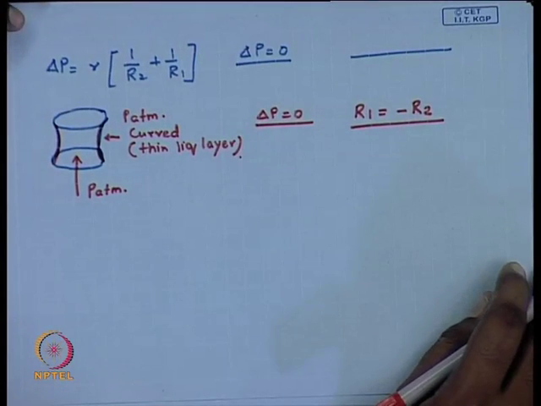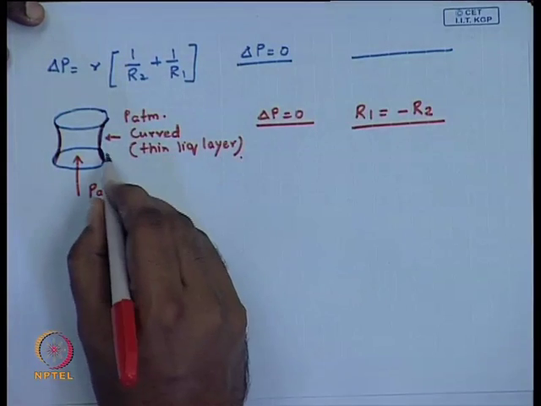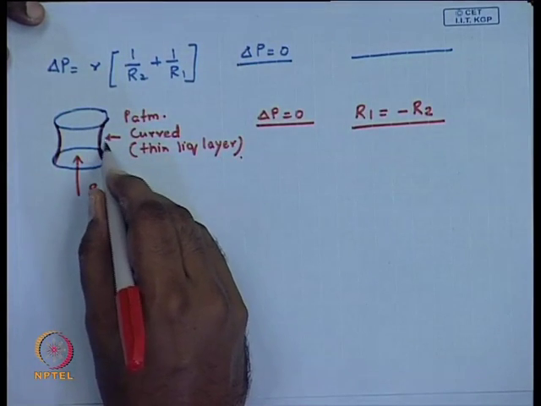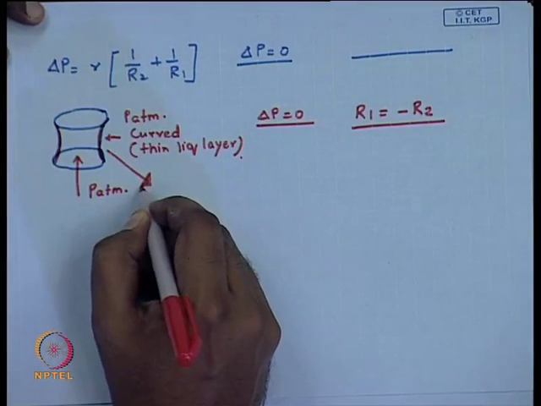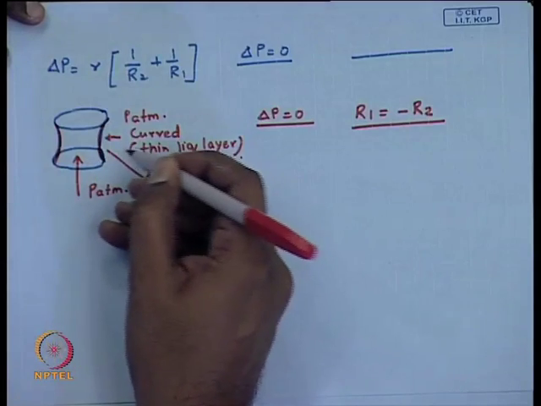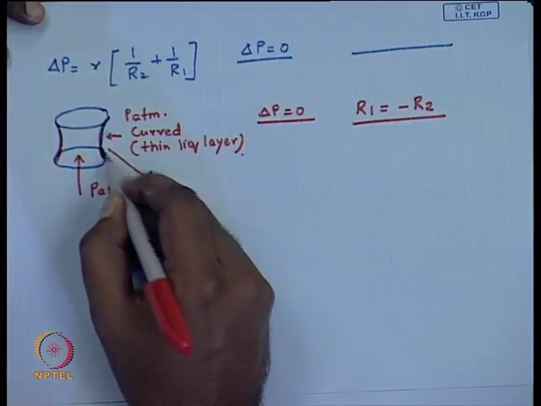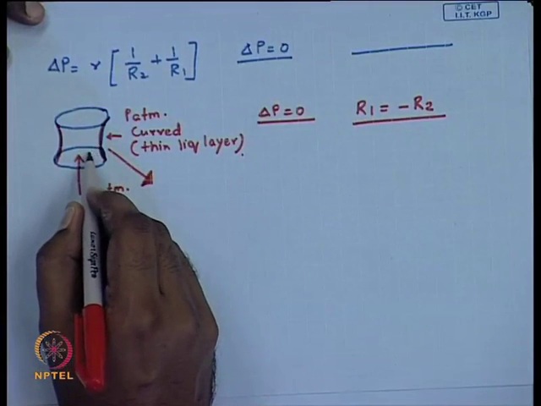So, what does it mean really, R1 is equal to minus R2? Well, again this is partly convention and partly it is physics also. See, this surface from this side is actually concave and from this side it is convex. Okay.